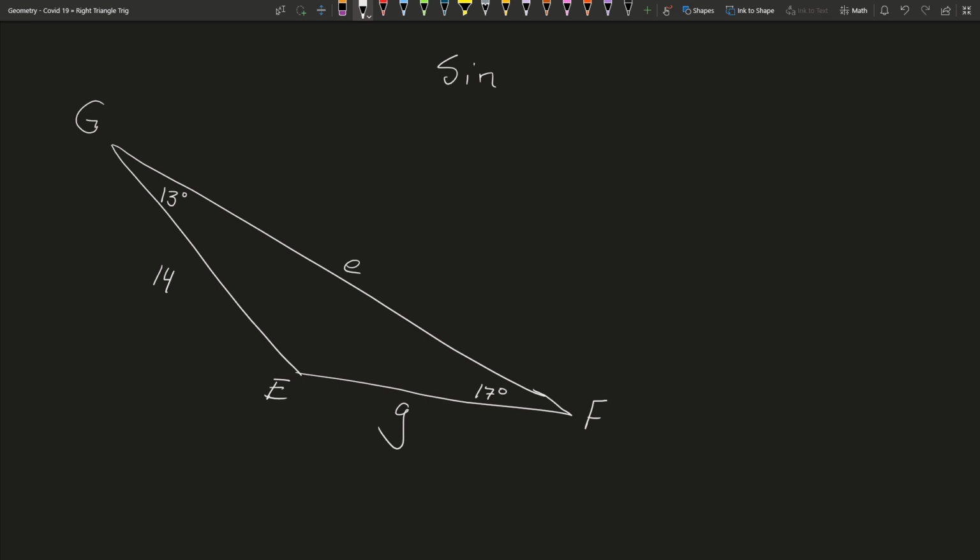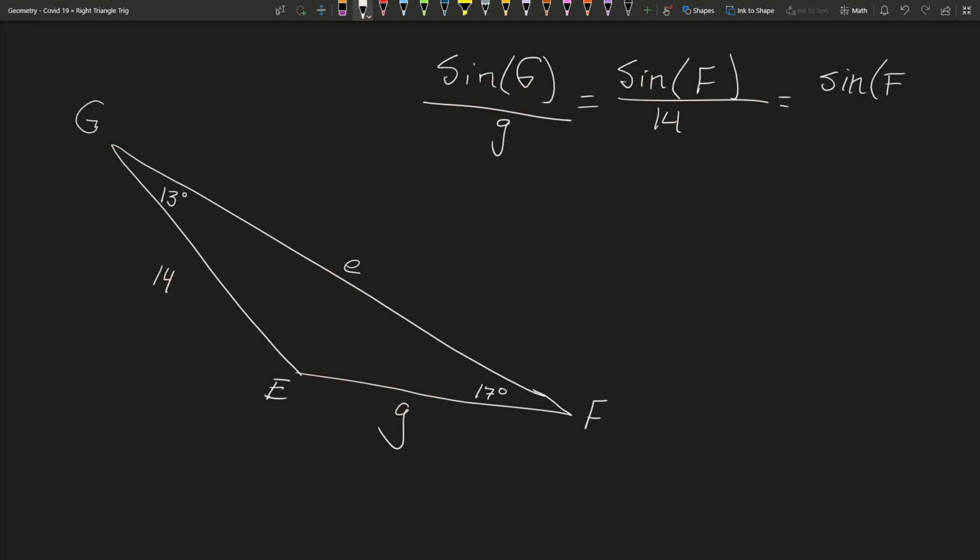If we set that up, we know that the sine of angle g over its side length is equal to the sine of angle f and its opposite side length, and the sine of angle e and its opposite side length.